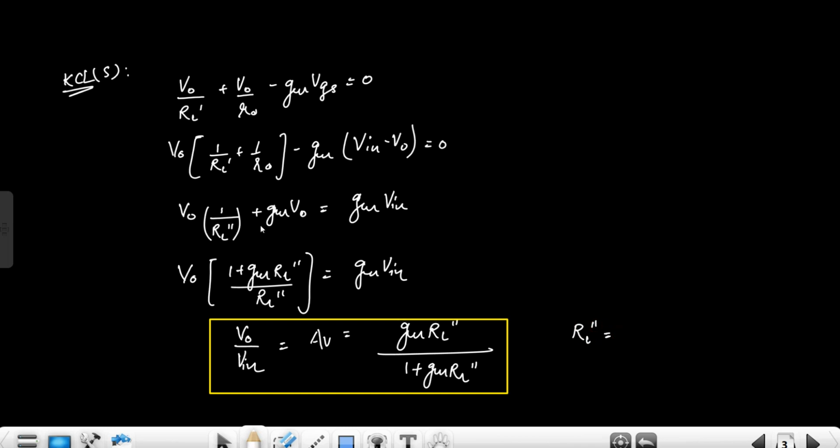This RL double dash is the parallel combination of RL dash and R naught, and RL dash is RL parallel with RS, right? Now this voltage gain is GM RL double dash upon 1 plus GM RL double dash.